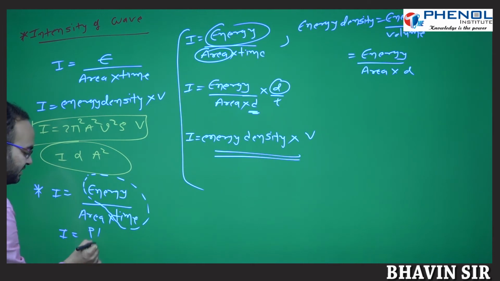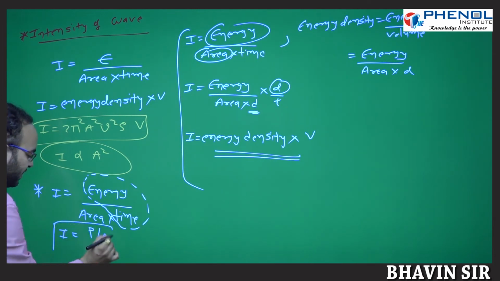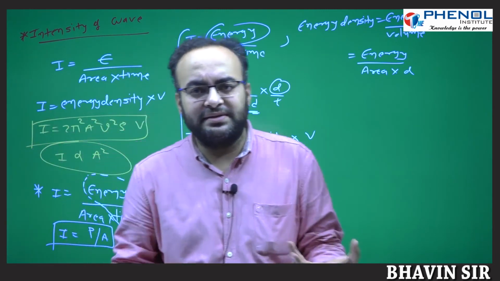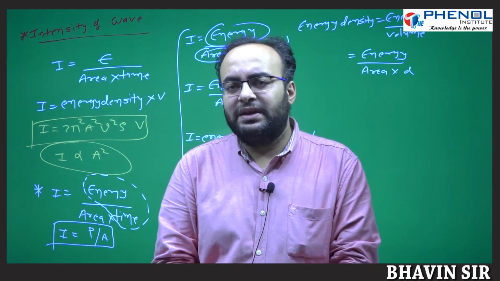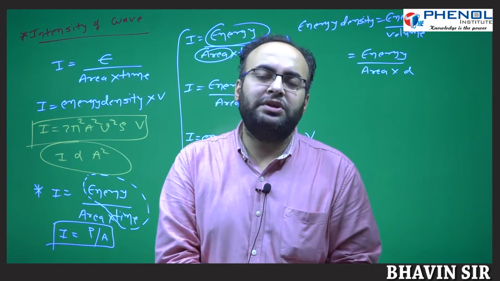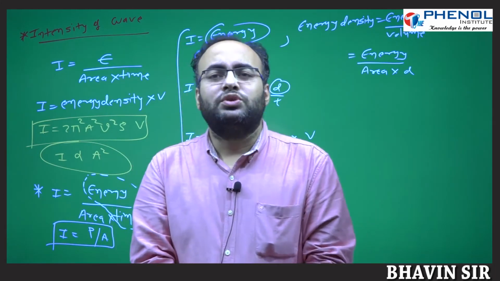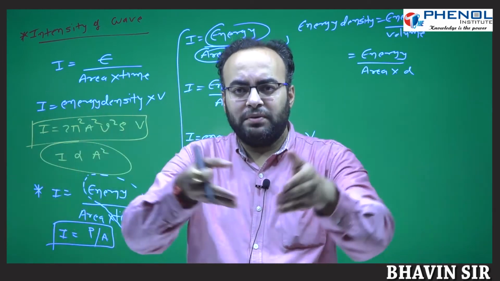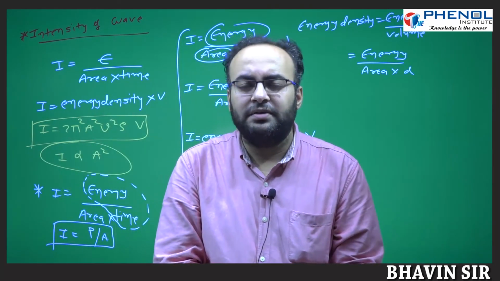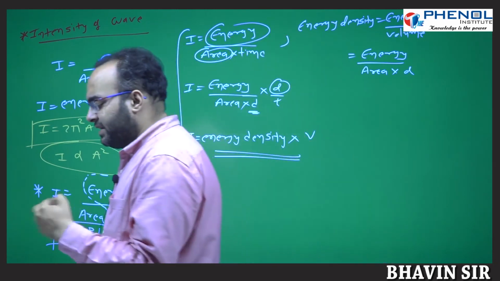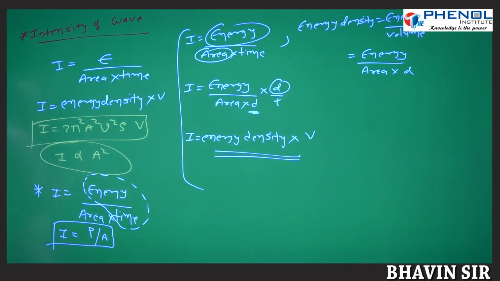So intensity is power by area. So from this formula we can find intensity. And what is the unit of intensity? Power by area. What is the unit of power? Watt. And what is the unit of area? Meter square. So what is the unit of intensity of wave? Watt per meter square. Chalo, so we discussed energy, energy density and intensity.